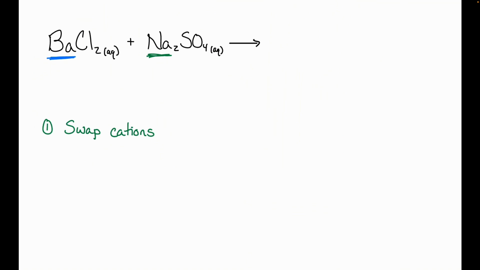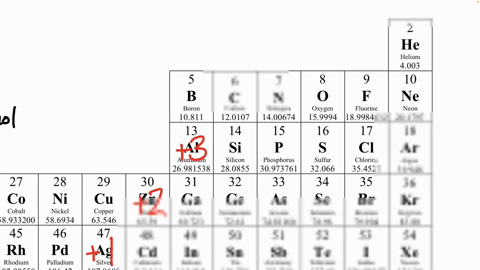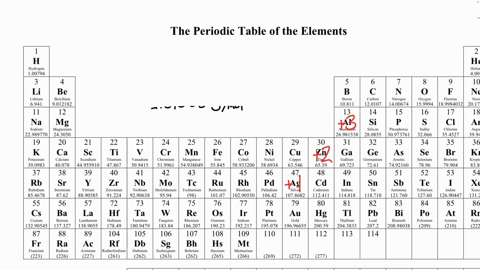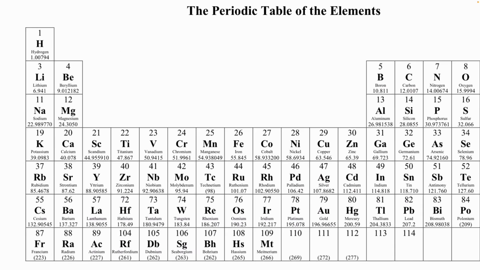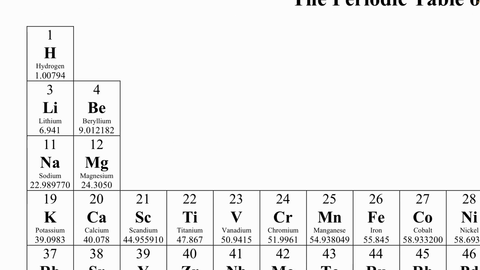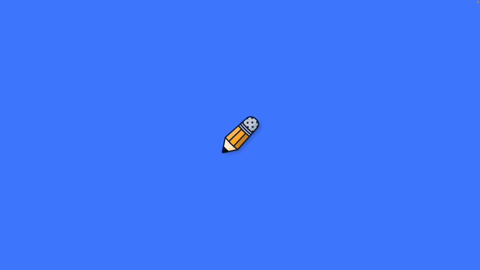Barium chloride is a barium ion based on our periodic table. Let's just move over real quick and look at one. What is the charge on that barium ion? +2 in this second column right here, right? So based on where barium lives on the periodic table, I know it has a +2 charge.